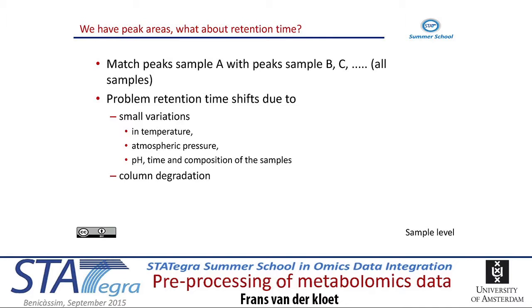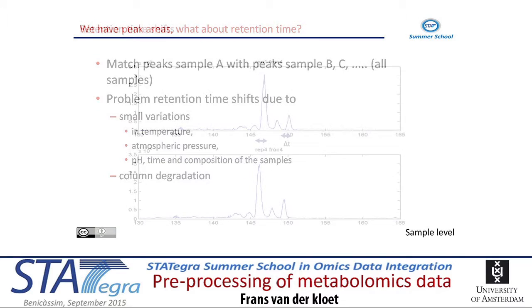And actually, we've seen that, we could see the temperature rising from the peaks that we saw, so the peak areas and things like that, and the peak shifts. Also, the atmospheric pressure and the pH, the time and composition of the samples themselves. So there's the column degradation. We got it again. So it's hard to control these samples, or to control these measurements.